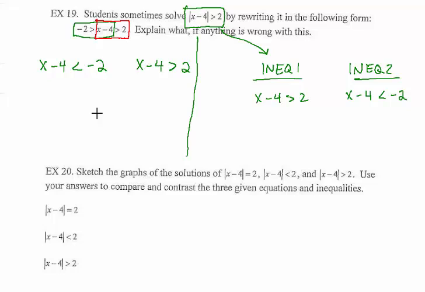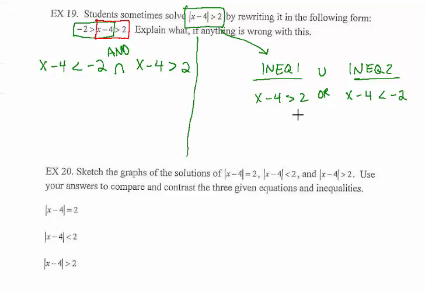So I suppose the only thing that's wrong is that when you write a compound inequality, it's understood that the conjunction between the two inequalities is an and, the intersection of the two. But the original absolute value inequality calls for the union, the conjunction or between the two inequalities.